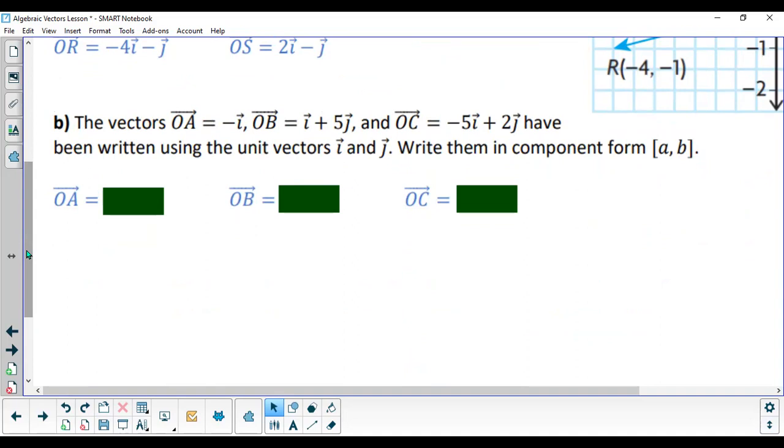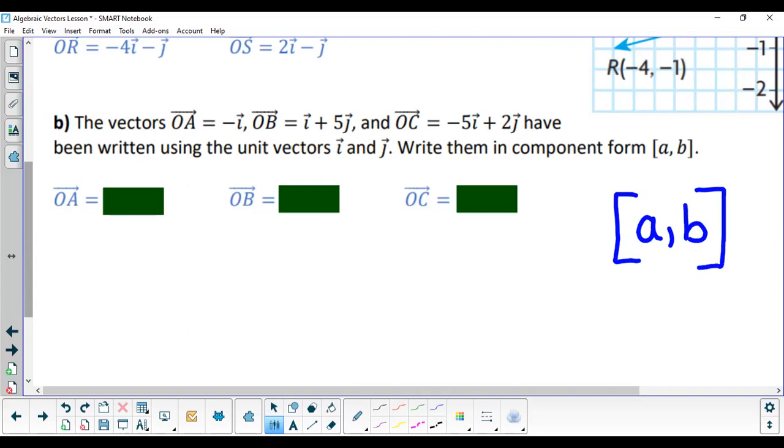So remember, component form has to have square brackets, and you have to have your a and b terms. What does that a and b represent? What point does that represent? Does it represent the tail or the tip? Can anyone tell me? The tail of the vector or the tip of the vector?